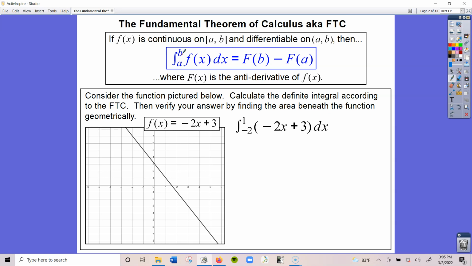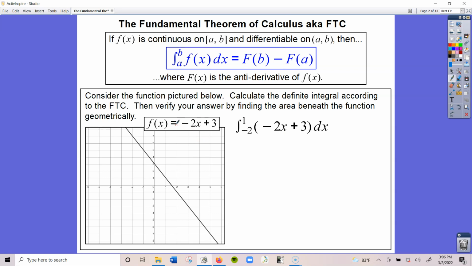What the fundamental theorem of calculus says is that if you have the integral from a to b of f of x dx, my definite integral, that's going to equal capital F of b minus capital F of a, meaning the antiderivative of f of x. So there are two ways of calculating definite integrals: one, using geometry, or two, using the FTC. We're going to be doing both so you can see how they work together.